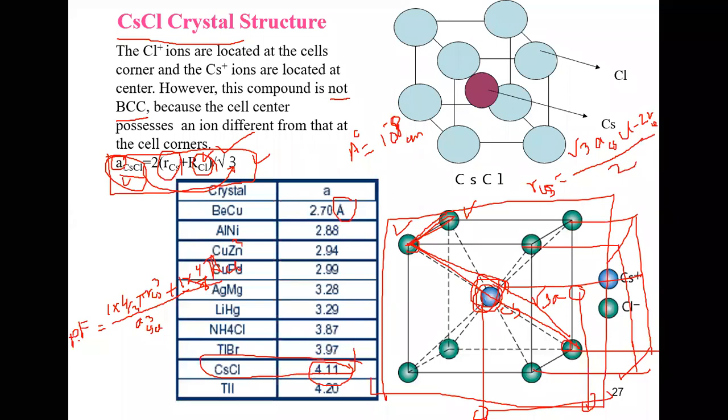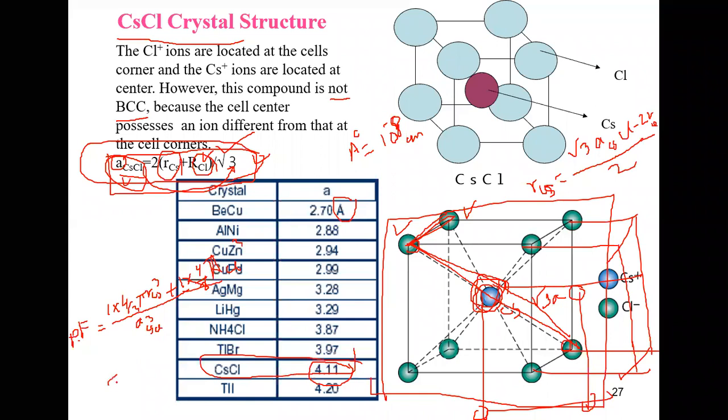So it's a simple algebraic relation. From this equation, at first you derive an expression for RCs. Then you know a, you know RCl, and you will be able to calculate RCs. And then if you substitute the values of a and RCs, you will be able to find out the packing factor of this one.